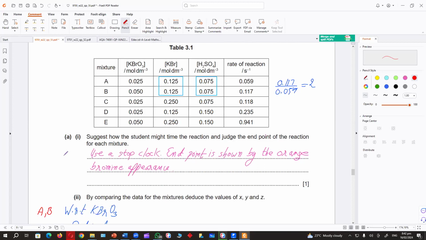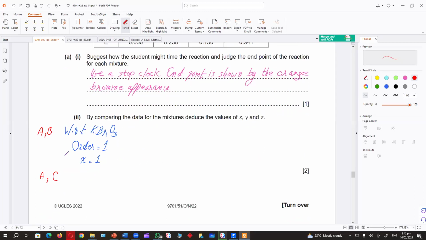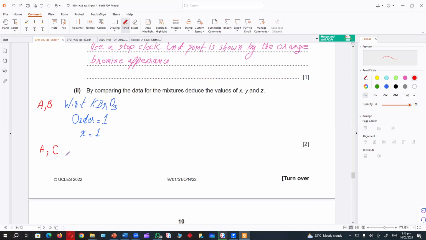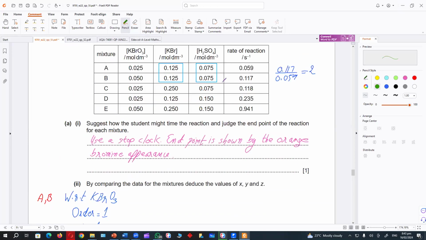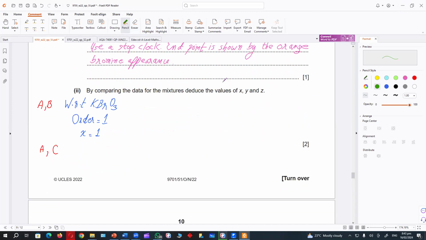So the rate is double. What about 0.059 upon 0.118? It will also be 2, double. So 0.118 upon 0.059.